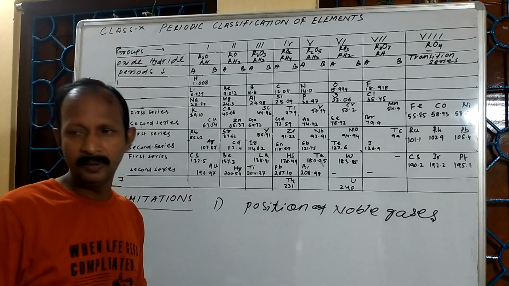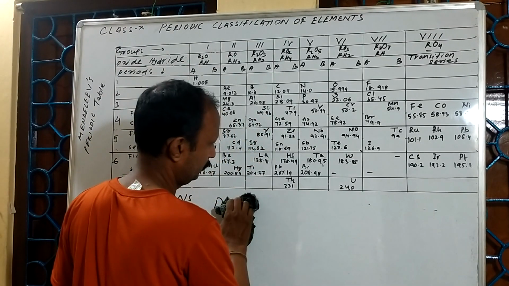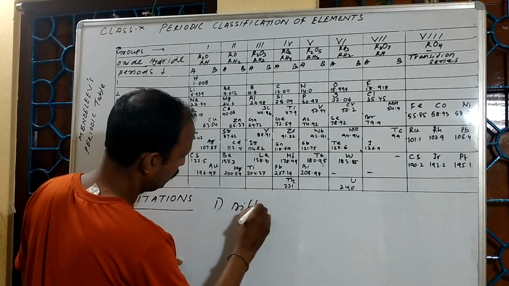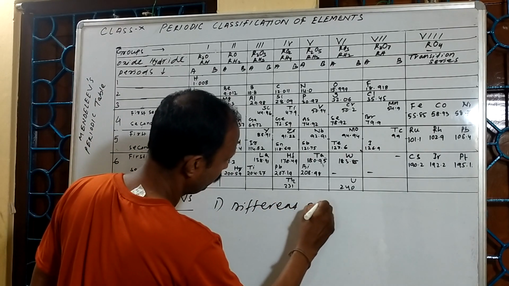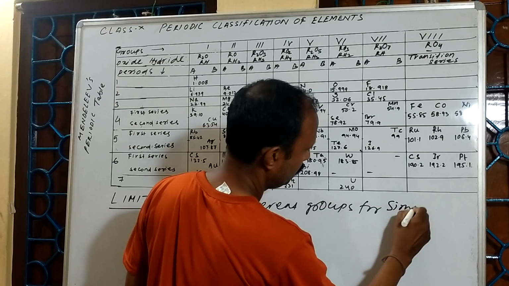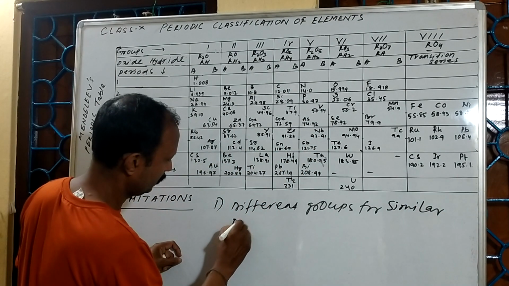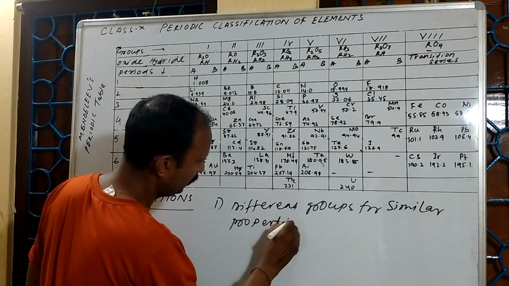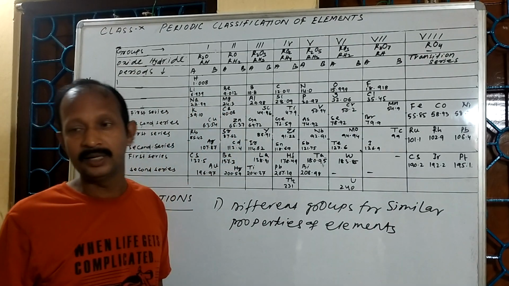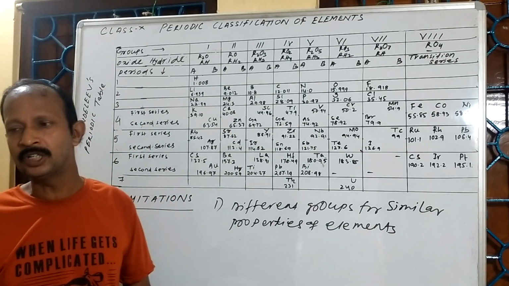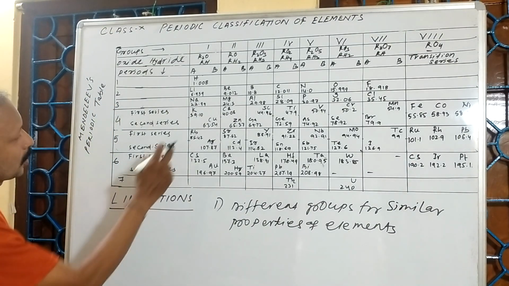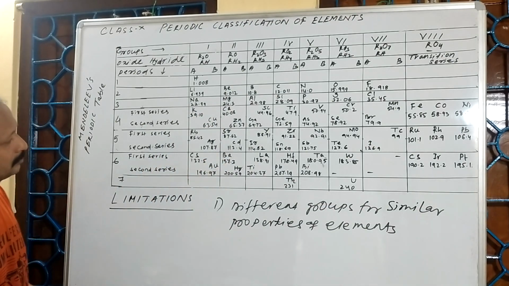Next one is different groups for similar properties of elements. Listen carefully. For example, you see copper and mercury.